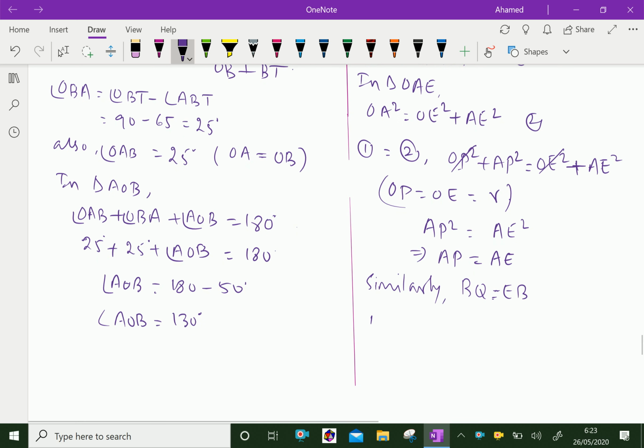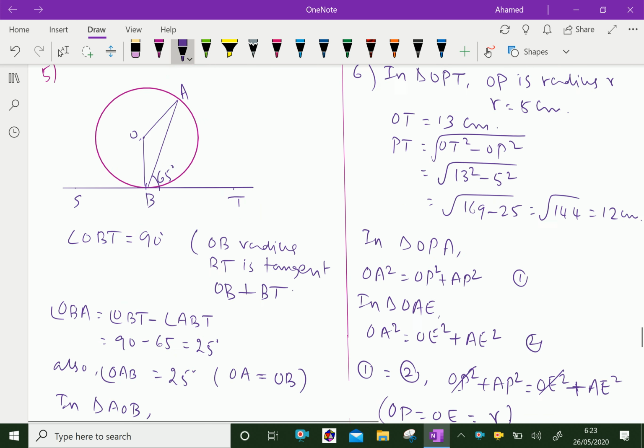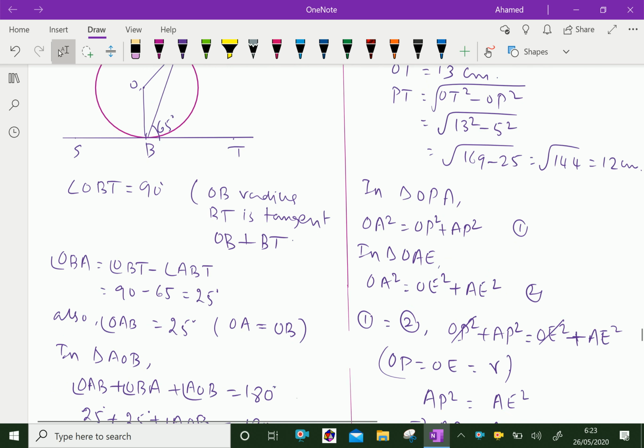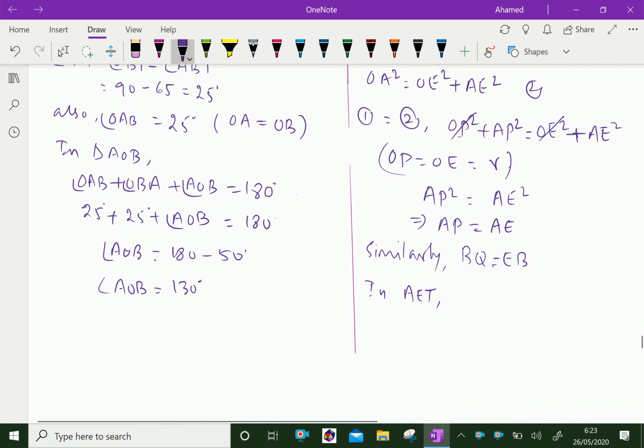Now in triangle AET, because angle AET is 90 degrees, AT square equals AE square plus ET square by Pythagoras.